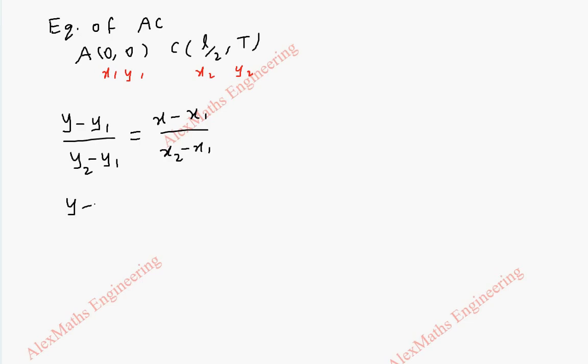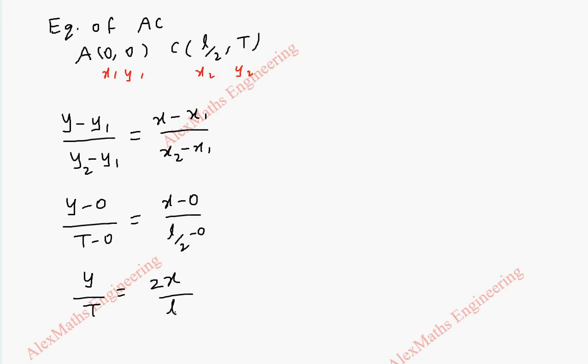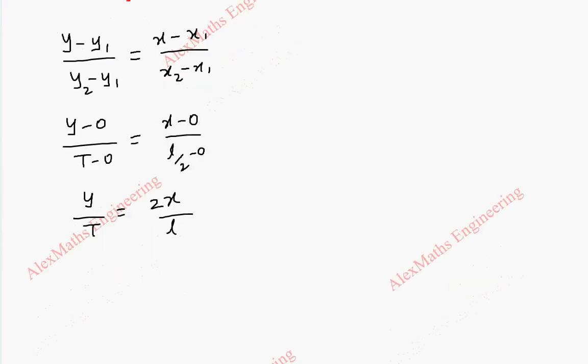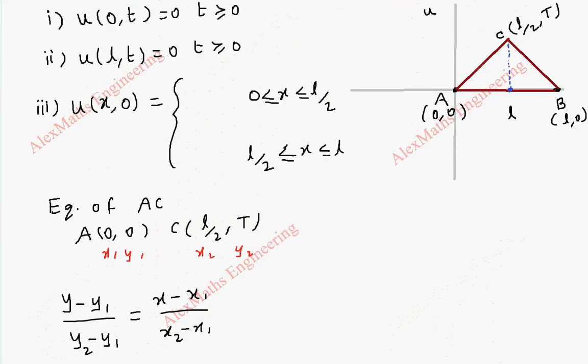So y minus 0 by t minus 0 equal to x minus 0 by L by 2 minus 0. So this is y by t equal to x by L by 2. 2 I can take here and L I can bring here. So from this finally I am getting y as 2t by L x. So I have to write 2t by L x for the first part.